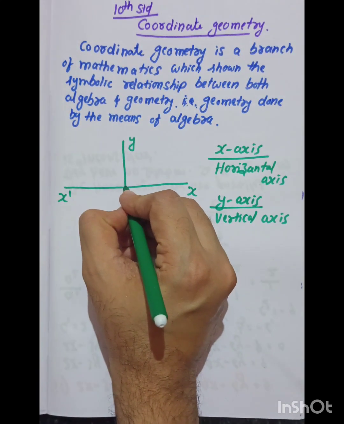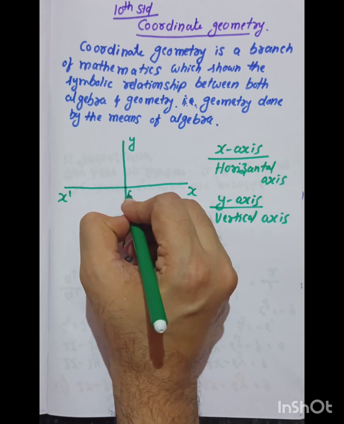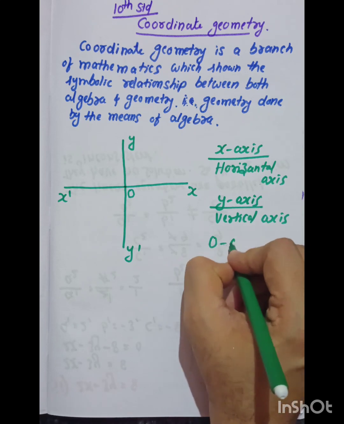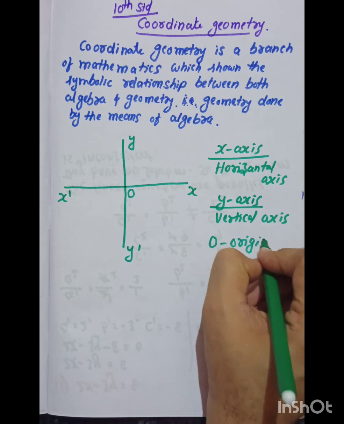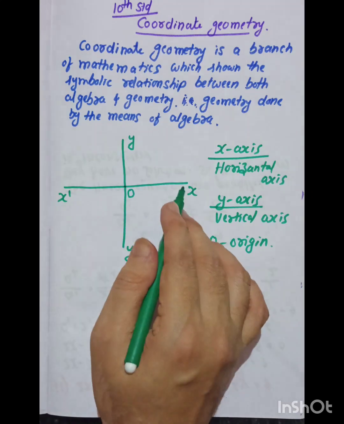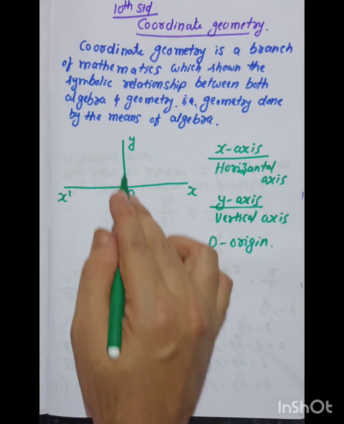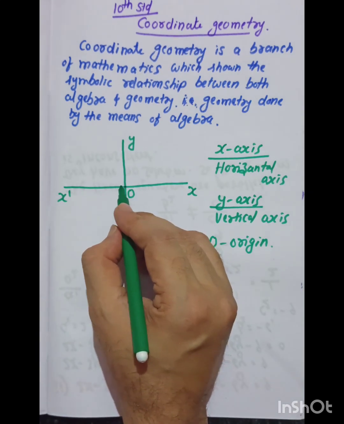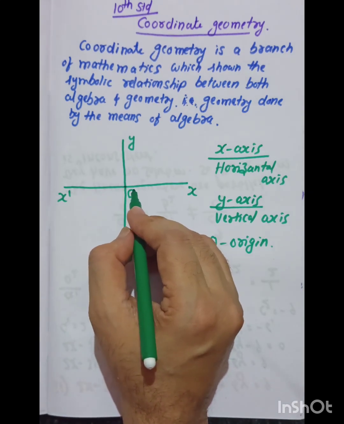Both are meeting at this point. I will write it as O, and this O is called origin. Correct? In this figure, this is the horizontal axis, this is the vertical axis, and both axes meet at the point denoted by O, and it is called origin.